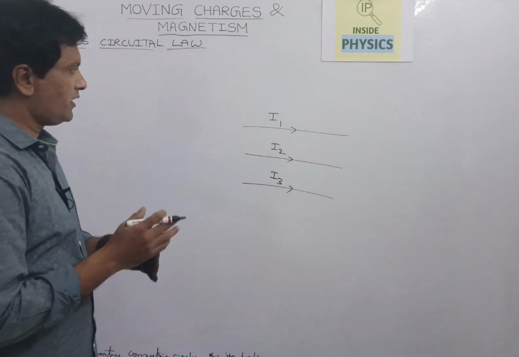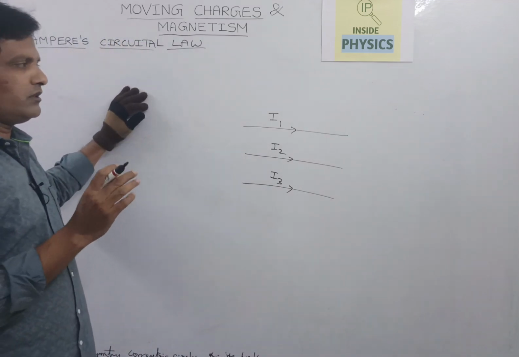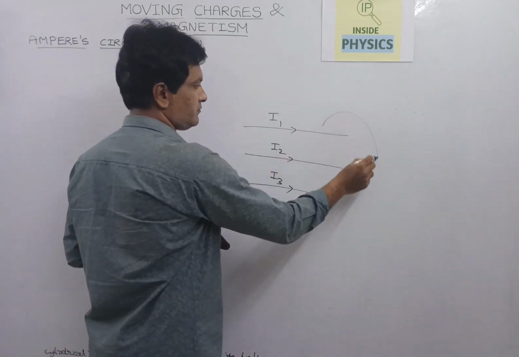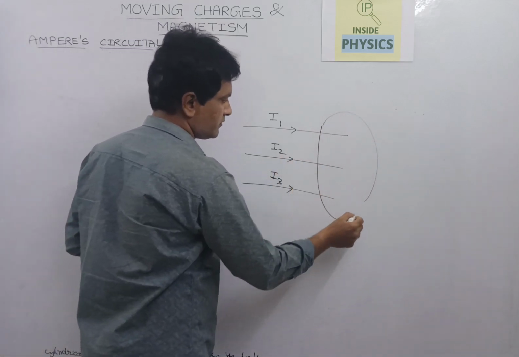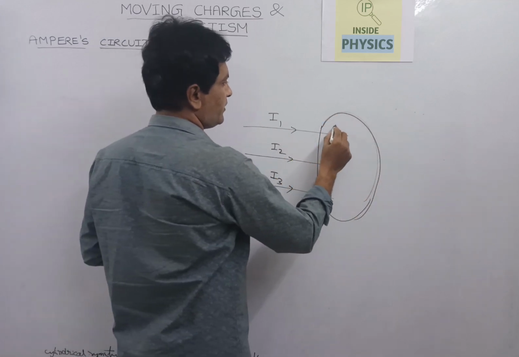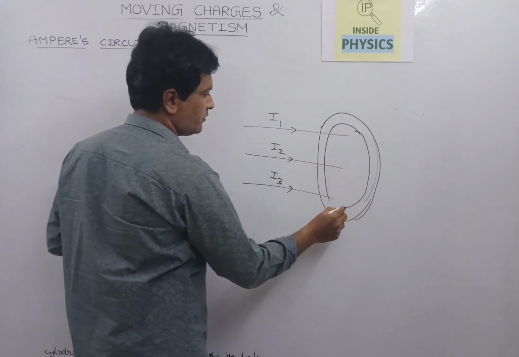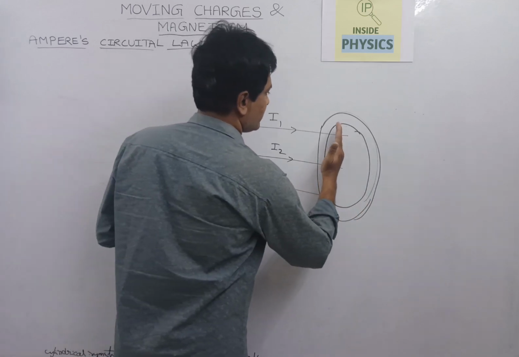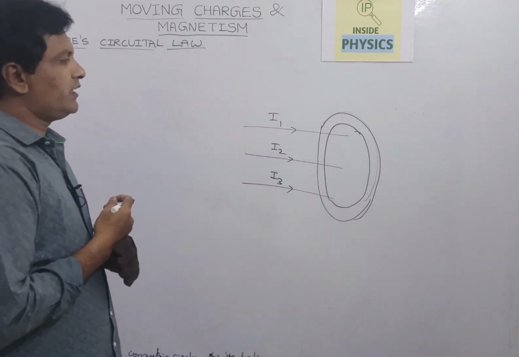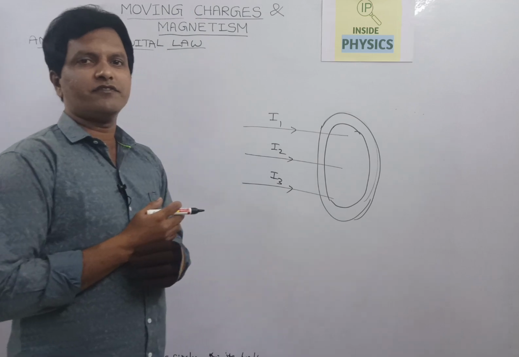So now the surface area that all the currents are passing through has a boundary, and we can take the boundary like this. We need to imagine this in a way like this. So here on the boundary we will calculate the magnetic field.